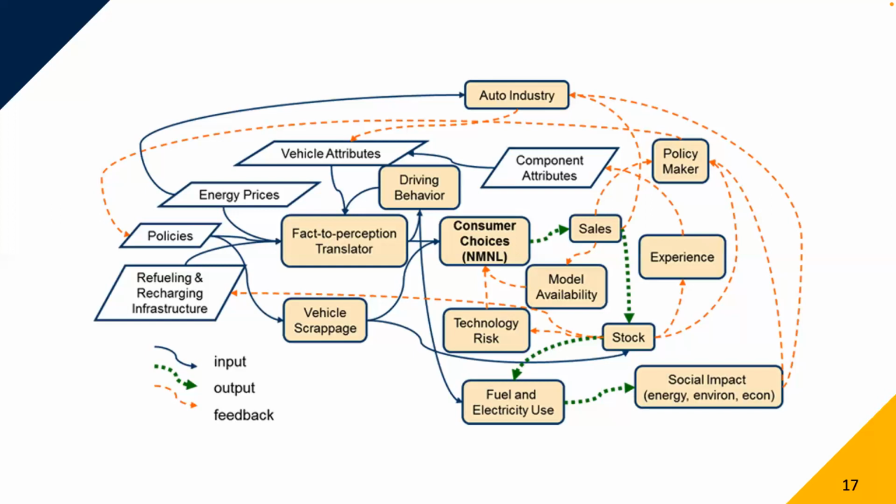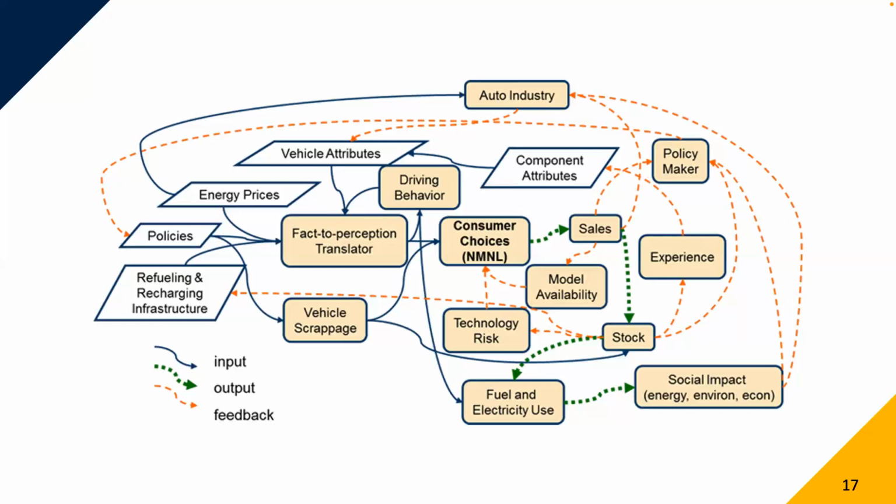So all of these ultimately end up feeding into your choice model. And it basically tells you, okay, then you can expect to sell certain amounts of EVs. And these will translate into all of these types of outcomes that you can measure over time. So stock, how much energy use is there, what's the social impact.